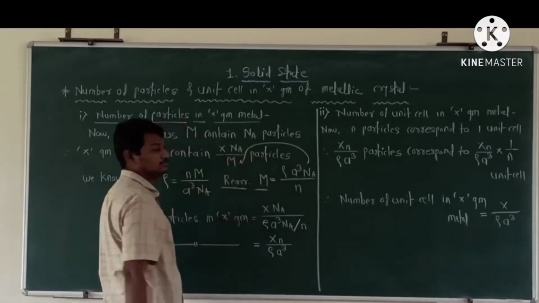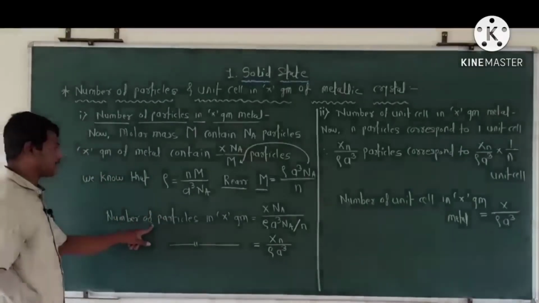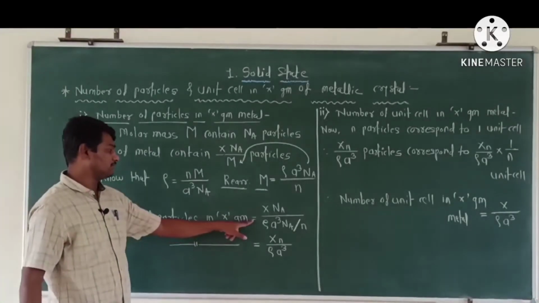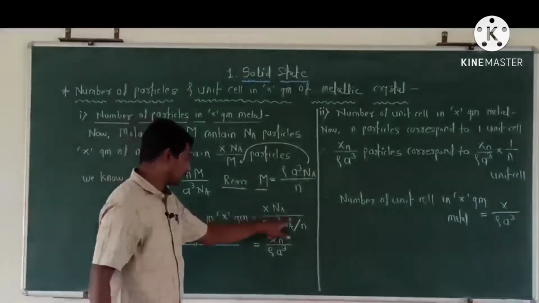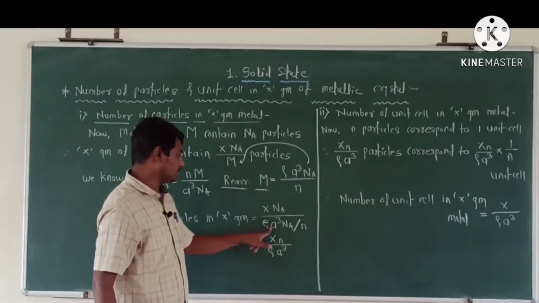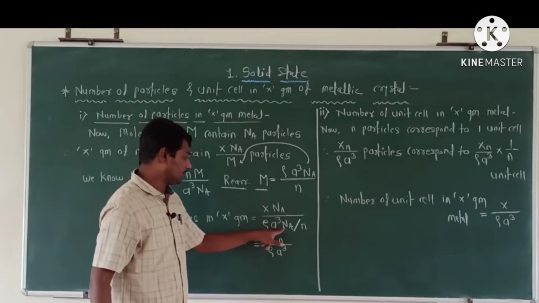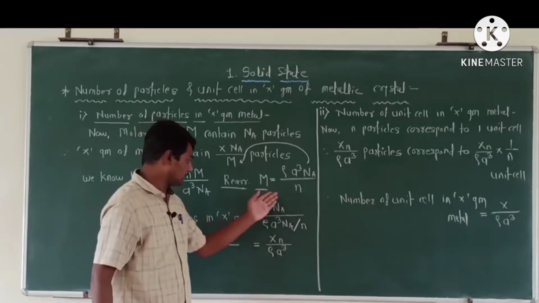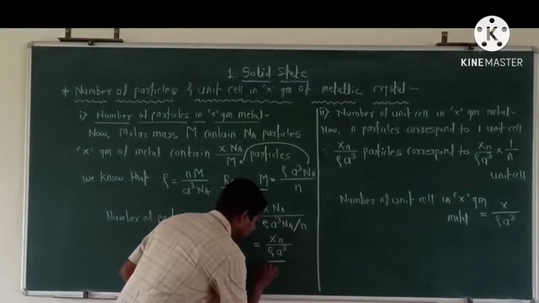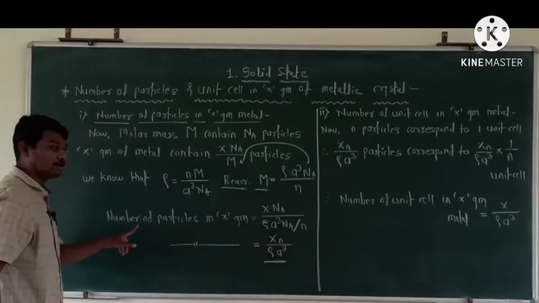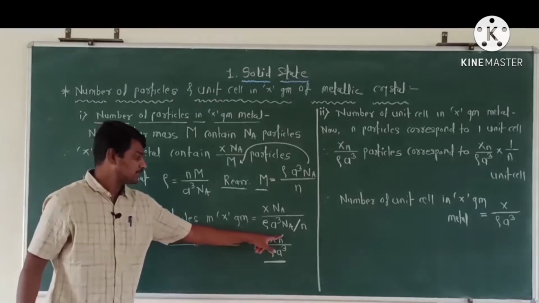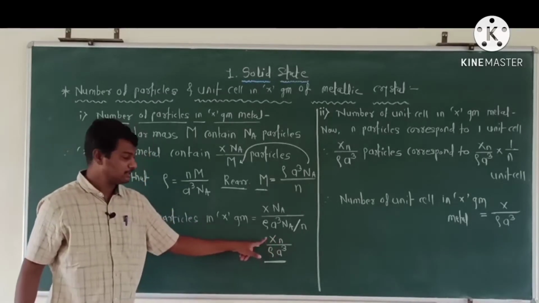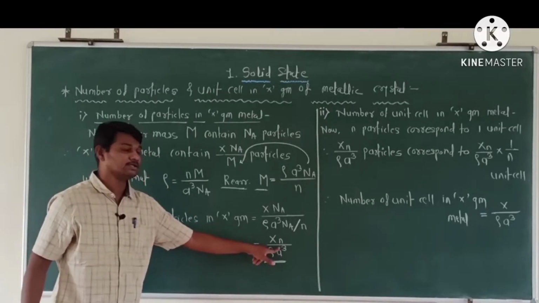We get number of particles in x gram is equal to x Na upon density into a cube into Na upon n. Solving this equation, we get a new equation. This is the number of particles in x gram is equal to x n upon density into a cube.